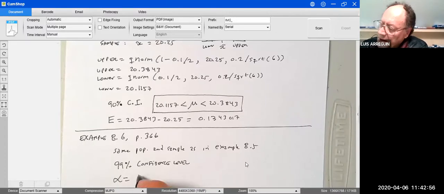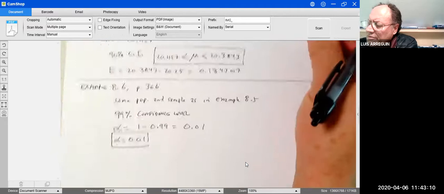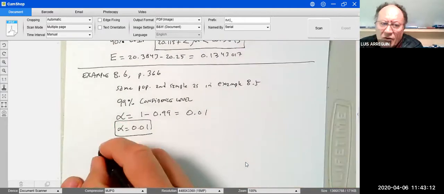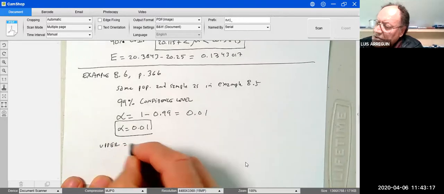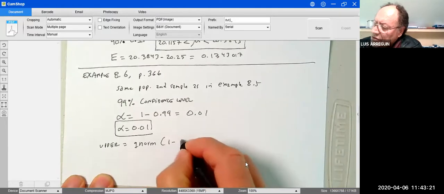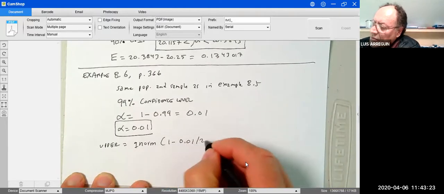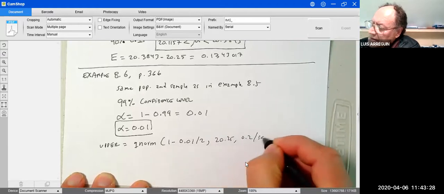Alpha is going to be 1 minus 0.99, so alpha is now 0.01. The only thing that changes is the computation of the upper and lower limit. The upper now is going to be qnorm of 1 minus 0.01 over 2, and the rest is going to be the same.